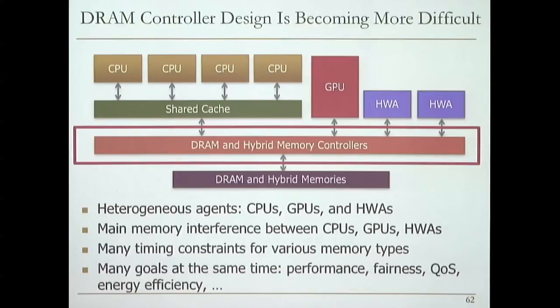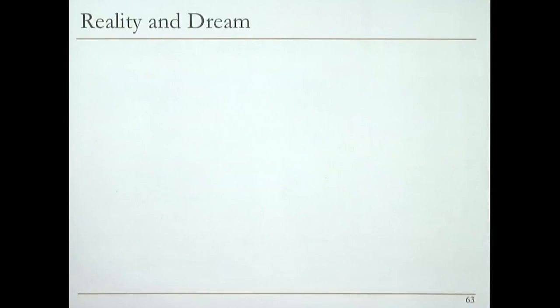You may have a single controller controlling multiple memory types, or multiple controllers coordinating with each other, controlling multiple memory types. And they need to satisfy many goals at the same time: performance, fairness, quality of service, energy efficiency, and correctness. Correctness is implied over here, right? That's one of the reasons they're getting more and more complex.